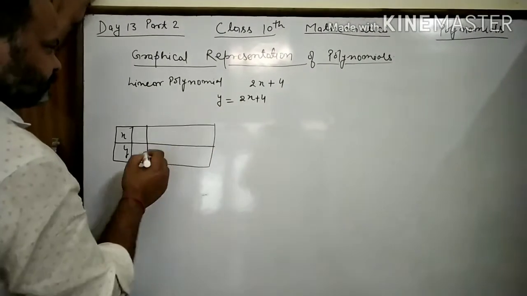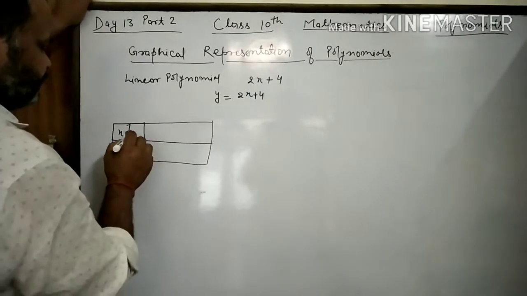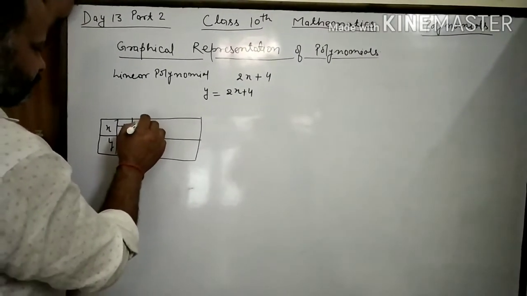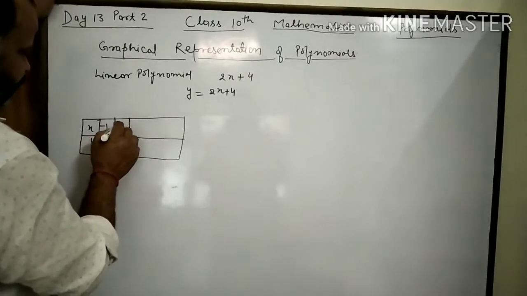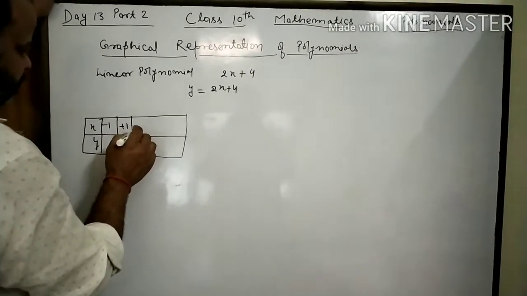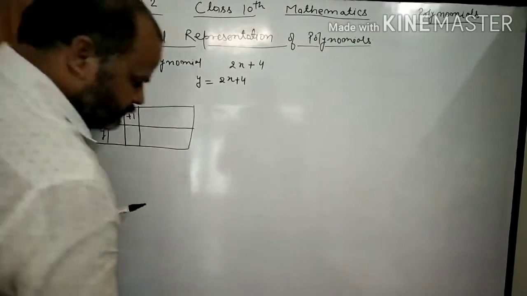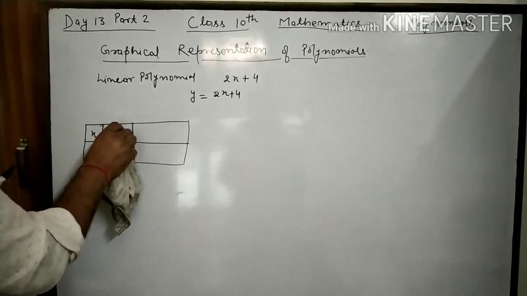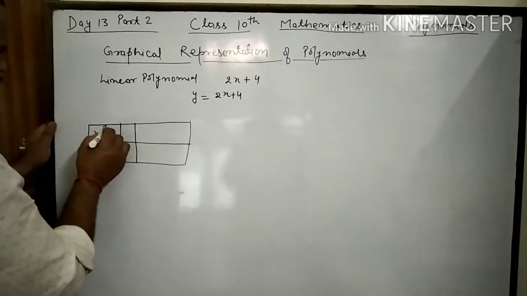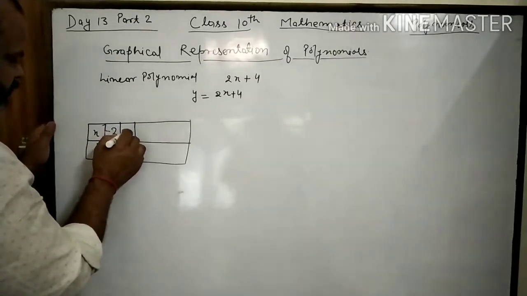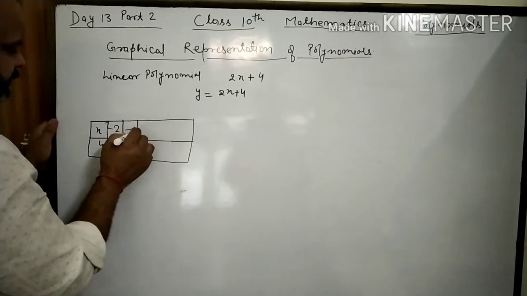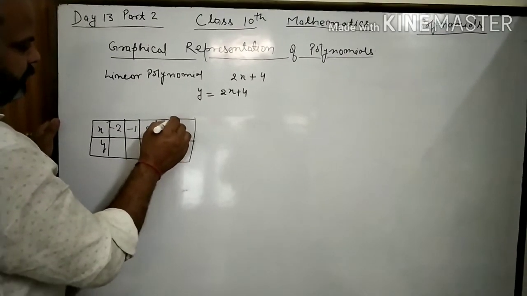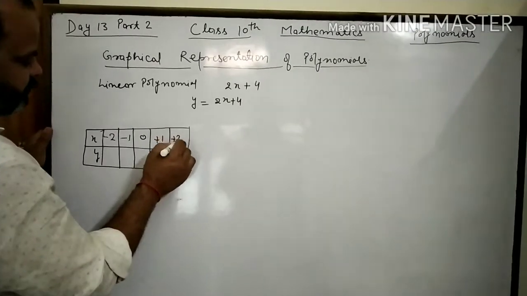Let x be minus 2, minus 1, 0, plus 1 and plus 2.